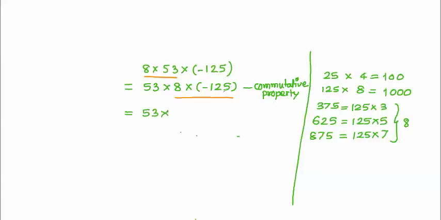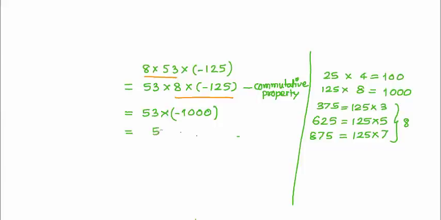Now, 8 into 125, we know the multiplication of the weights is 1000. And about sign, 8 is positive, 125 is negative. Only one negative sign, which is an odd number of negative signs, so the answer gets a negative sign. Now, it is easy multiplying the weights of these two numbers, 53 and 1000.